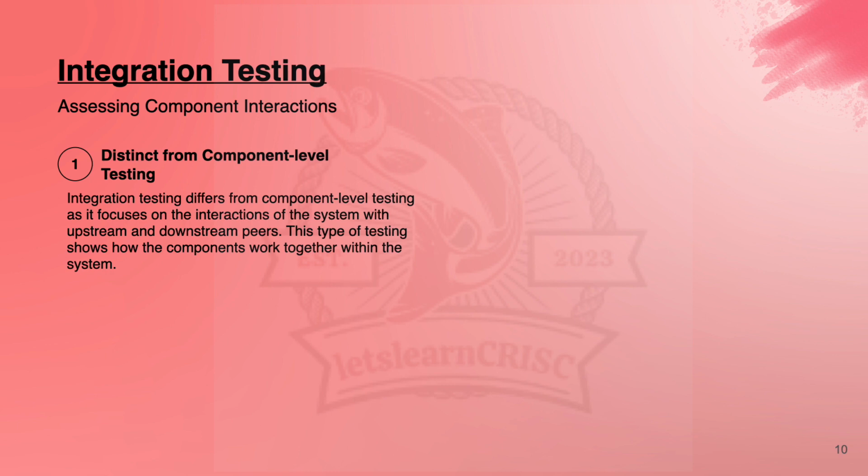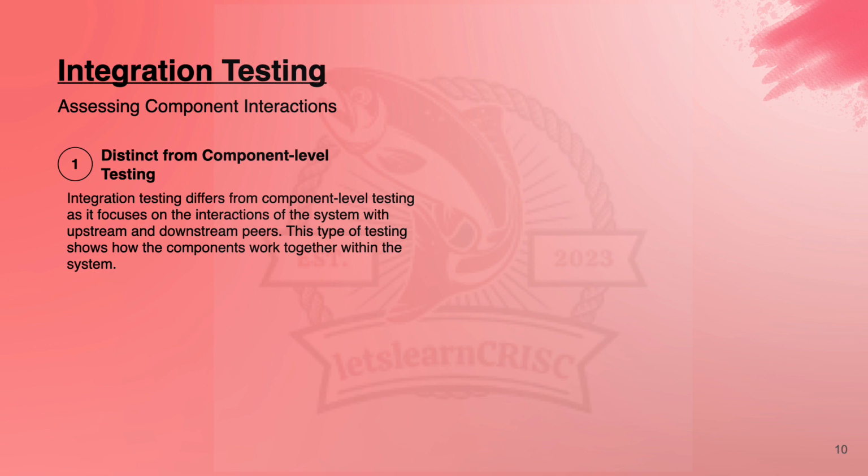Integration testing considers not only the interaction between the components but also how the system interacts with external elements, or the components that are either providing inputs upstream or receiving outputs downstream. So integration testing demonstrates how different components, which may have been independently tested, work together as a cohesive system.